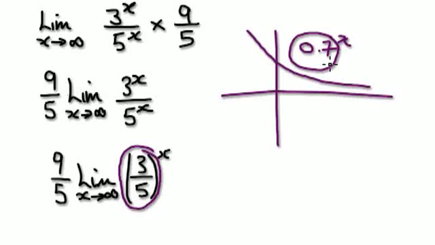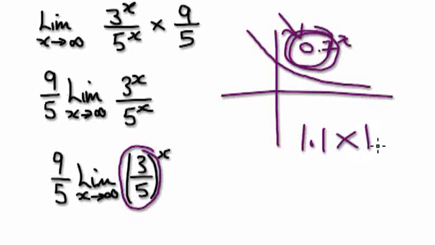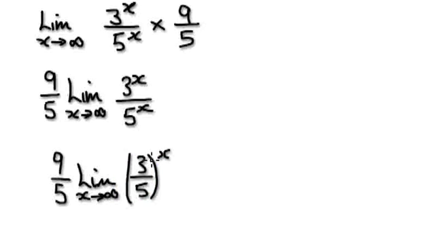Whenever you times this by itself, because this number is smaller than 1, it's going to get smaller and smaller and smaller. If this number is bigger than 1, let's say 1.1, then whenever you times by 1.1, it's going to get bigger and bigger, and times 1.1 again, bigger and bigger. Because 3 over 5 is smaller than 1, every time you times it by itself, it's going to get smaller and smaller.